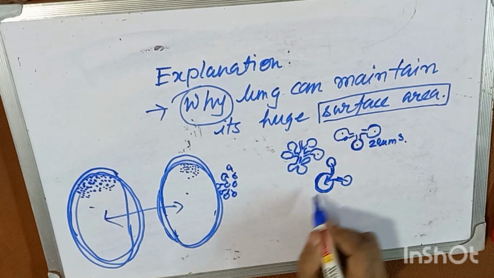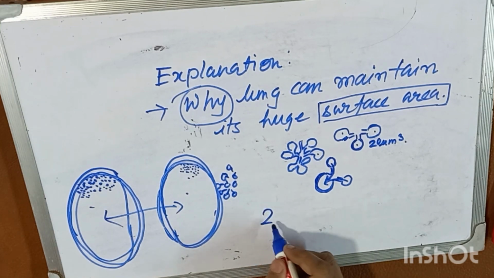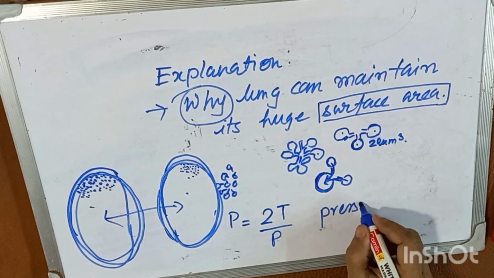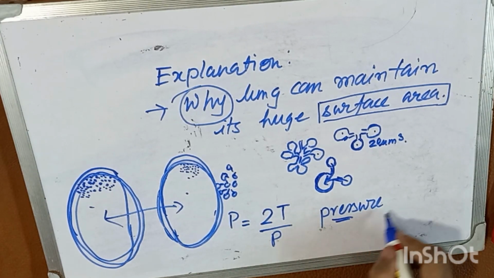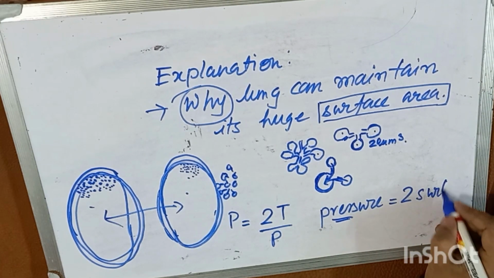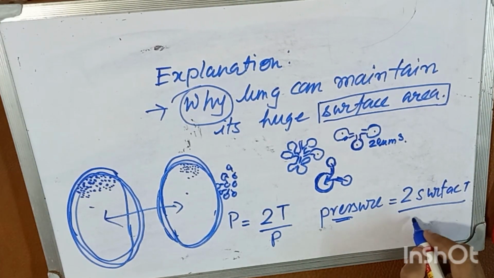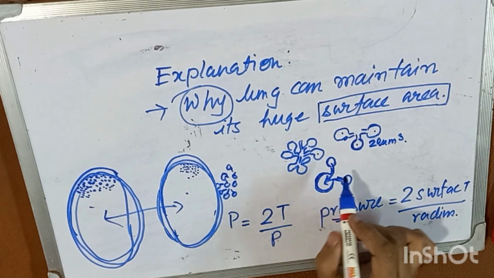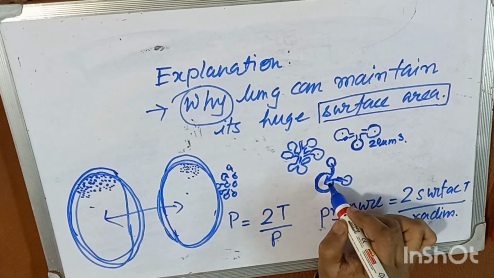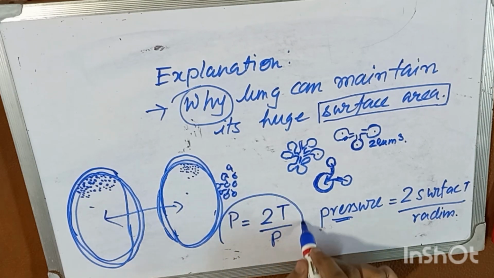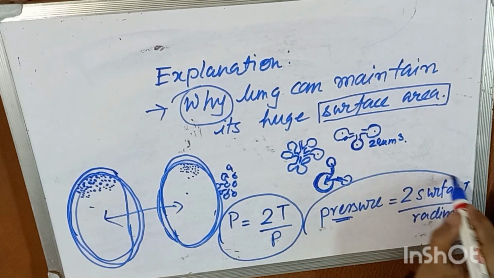The Laplace law of spherical volumes states that the pressure inside our alveoli is equal to 2T by R, that is, 2 times the surface tension divided by the radius of the spherical surface. This not lowering and not increasing of any volume is explained by this Laplace law. I'll explain this with the Laplace law.